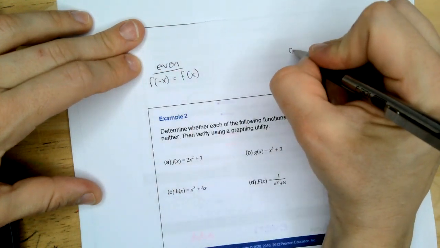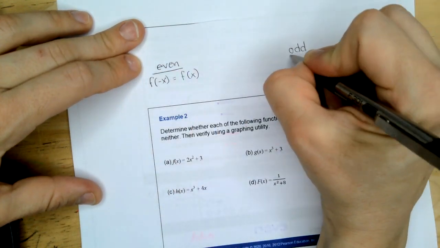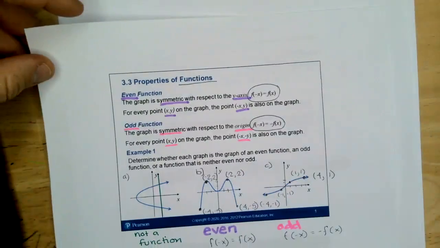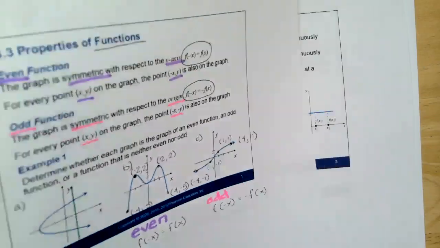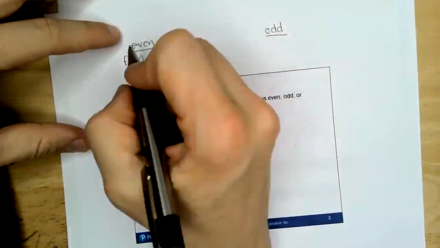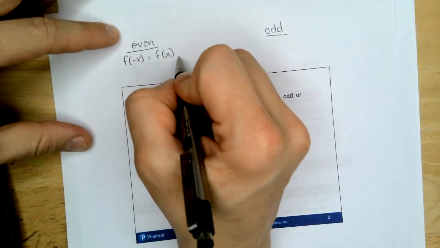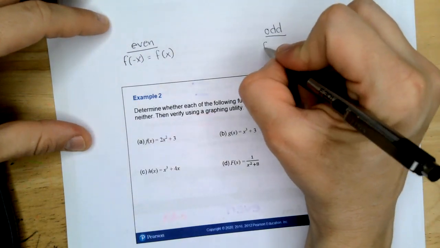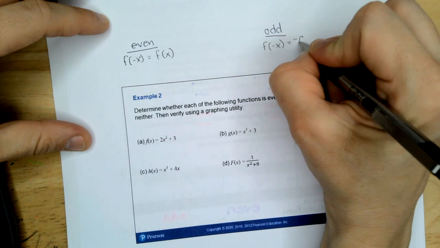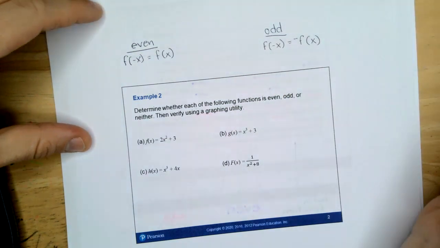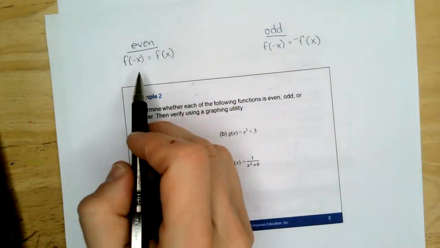If it is an odd function, when I change x to -x, the entire function becomes negative, the negative version of itself. So if it's even, -x does not change the equation. And if it's odd, a -x in place of a positive x makes the entire function negative. Okay, so that's the even one, that's the odd one.